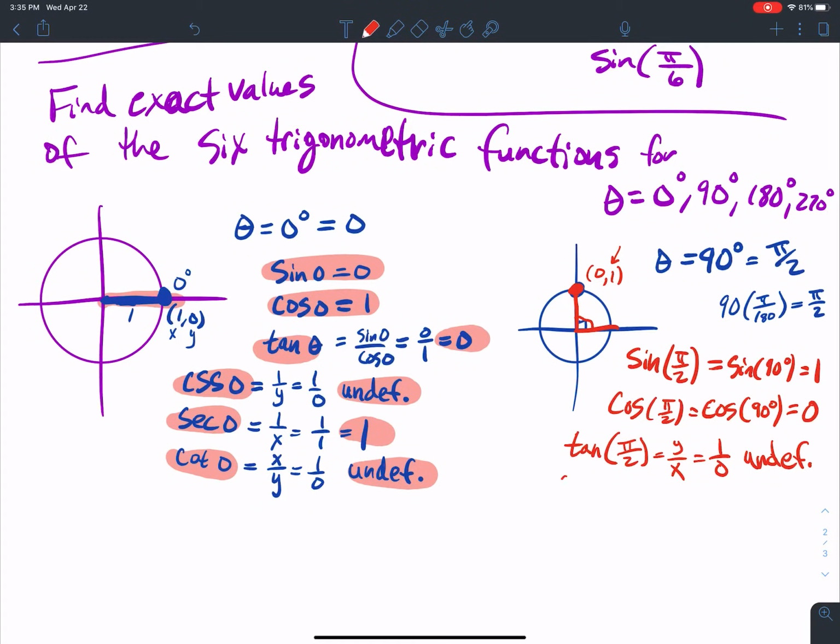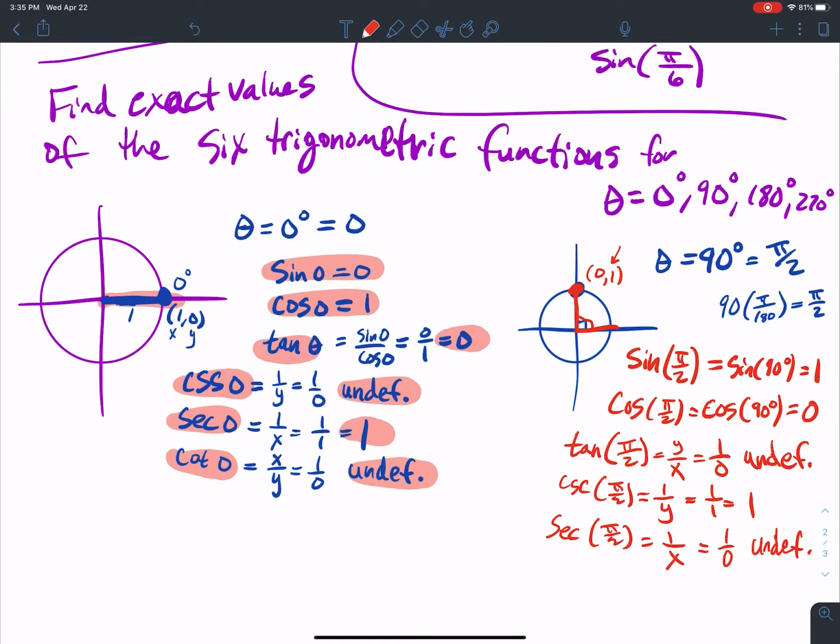For cosecant pi over 2, this is 1 over y. That's 1 over 1, which is 1. Secant pi over 2, this is 1 over x, the reciprocal of cosine. That's 1 over 0, which is undefined again.